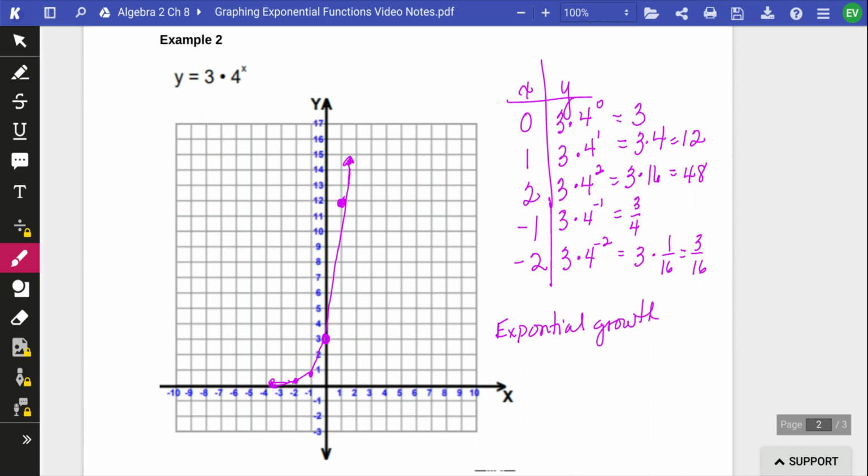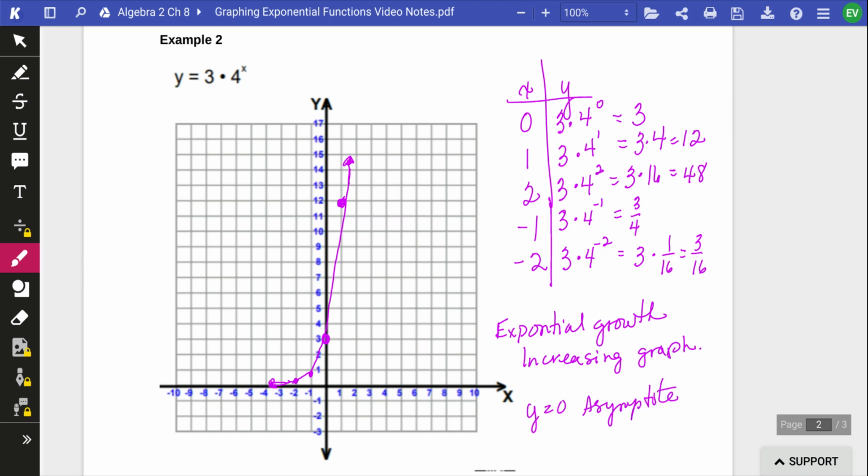So when we have an increasing graph, we have exponential growth. We also still have a horizontal asymptote in this case. Our horizontal asymptote, again, is the x-axis, or y equals 0. So that's our asymptote.